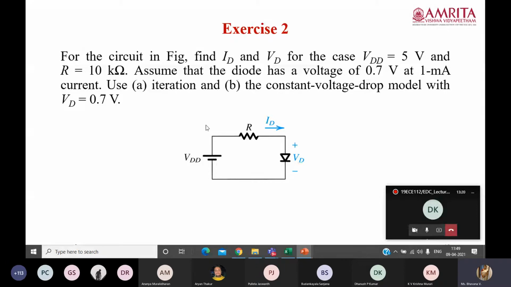Take down the question and do it. A similar problem we have done in the previous class, the iterative method. First do the iterative method, then do it for the constant voltage drop model.